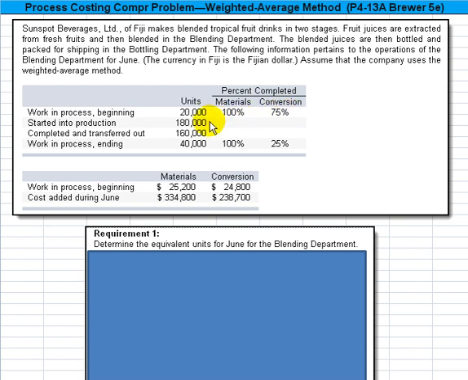They had 180,000 started in production, 160,000 that were completed and transferred out during the month, and 40,000 work in process remained in ending inventory.